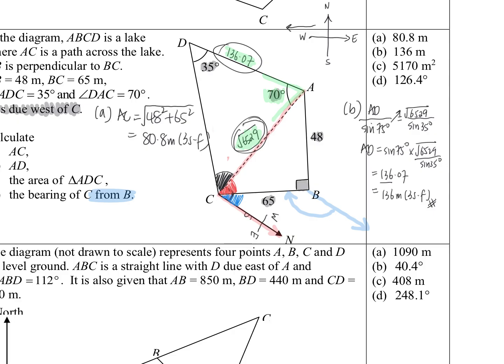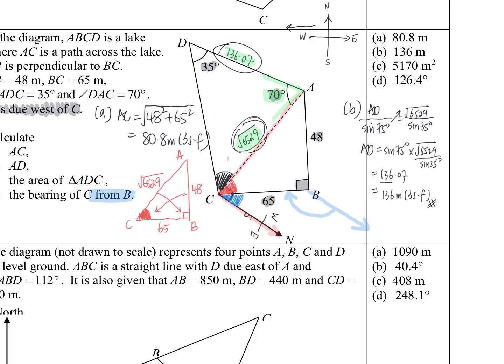Okay? So what I'm going to do is I'm going to zoom into the right angle triangle ACB. I have 65. I have 48. If I want to find this, what can I do? Sine rule. You got the square root also. Oh, I also got this. Okay, so you can use sine rule if you want. So this one pair, this one pair.